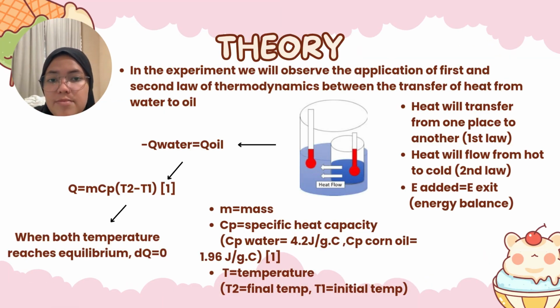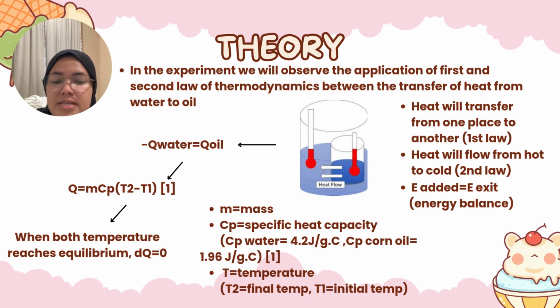In this experiment, we will observe the application of the first and second laws of thermodynamics in the transfer of heat from water to oil. The heat lost from water will be the heat gained by oil, and according to Q equals mCp delta T, when both temperatures reach equilibrium, the change in heat will be equal to 0.